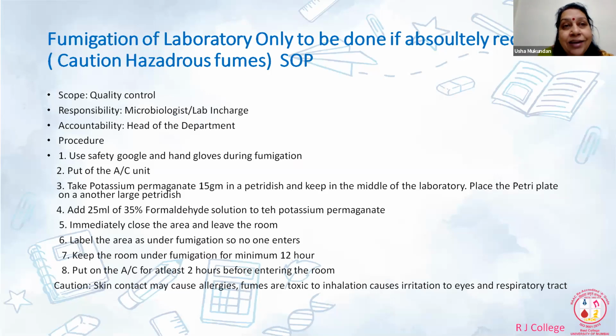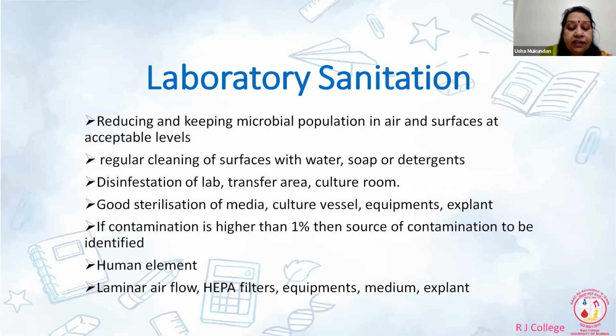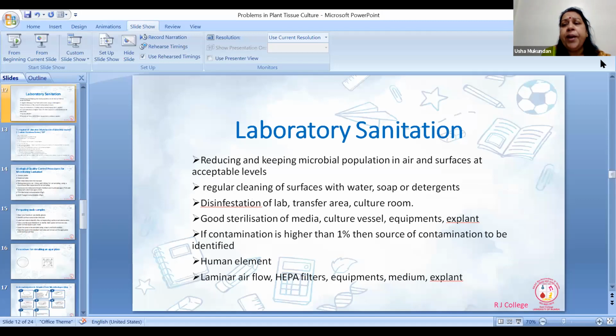Something called a standard operating procedure should be followed in any lab, whether it is for contamination, or for standardizing an equipment, or for doing a physiology experiment. So standard operating procedures have to be followed, or they are known as SOPs.